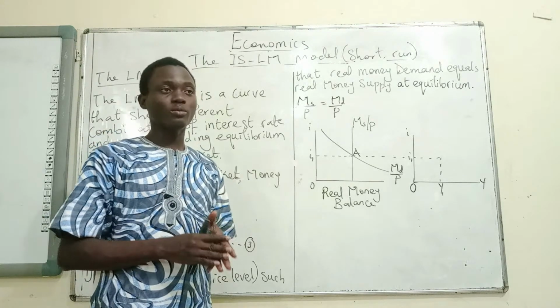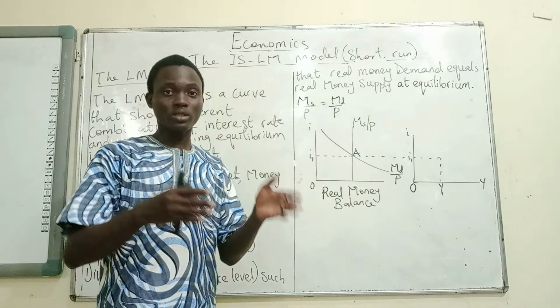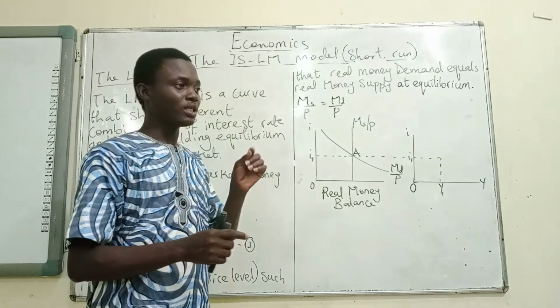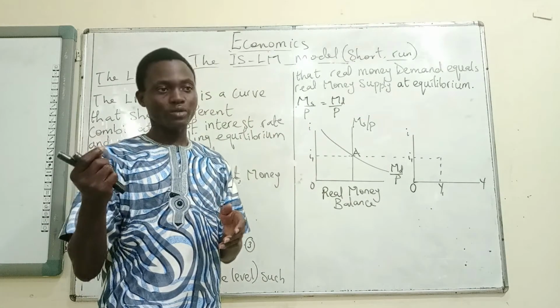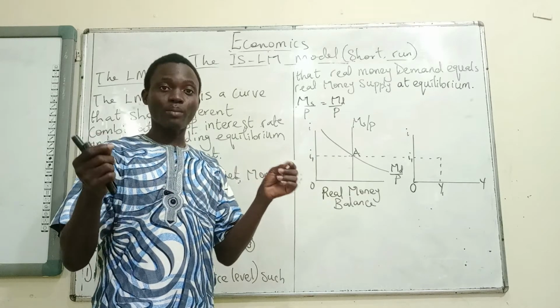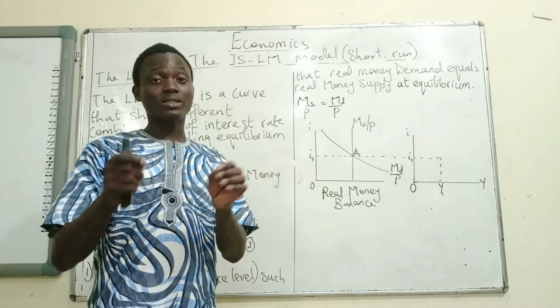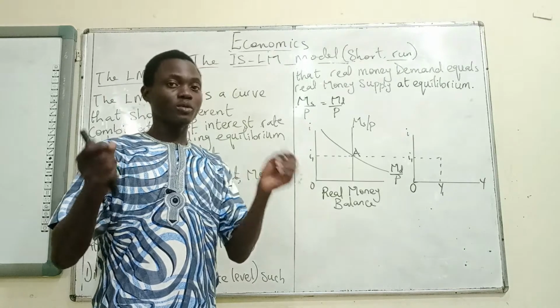Since the total demand for money is equal to the transactional demand plus the precautionary demand plus the speculative demand, and there is an increase in the transactional demand as well as in the precautionary demand, when you bring them together with the static speculative demand for money, the total demand for money rises.